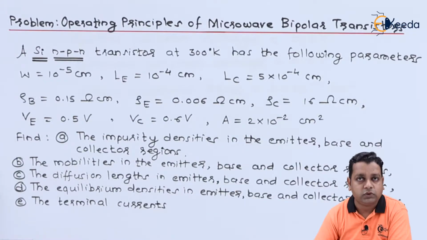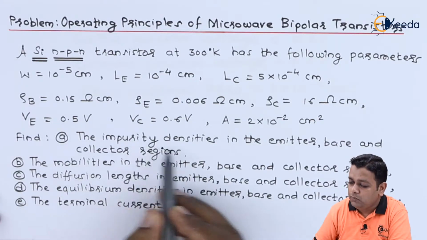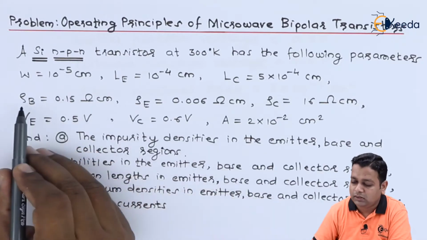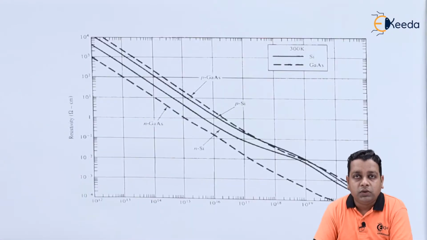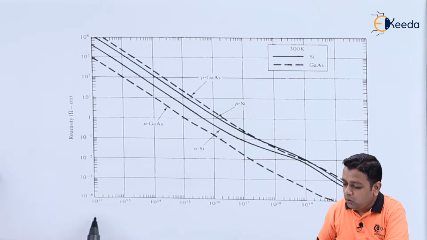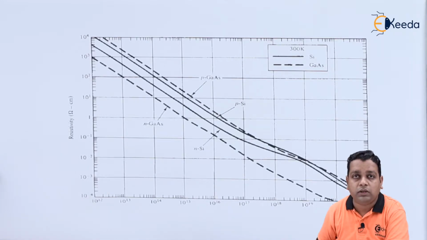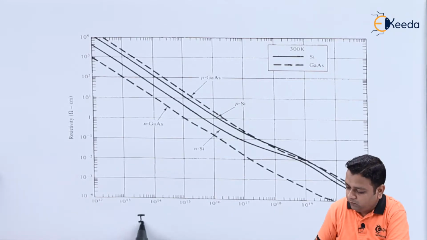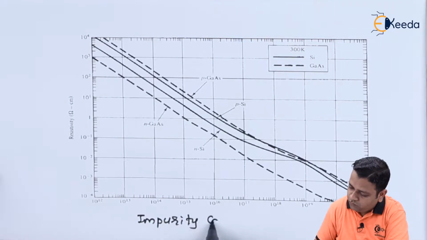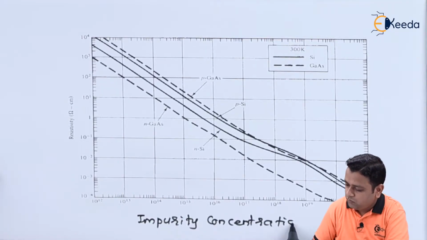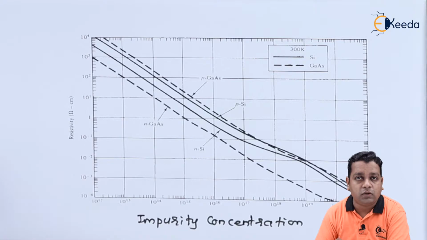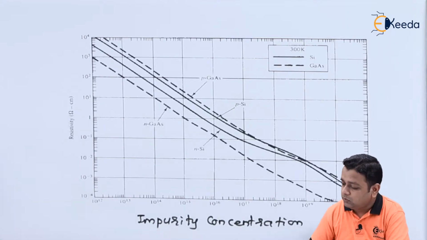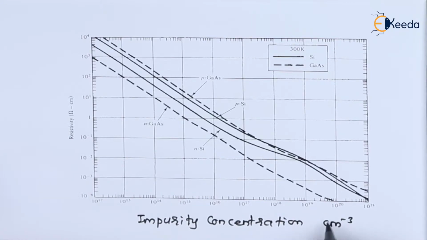helpful to us. So for that purpose we get back to a graph representation of finding the impurity densities versus the resistivity values. So here in this graph, on the horizontal axis we have the impurity concentrations, or impurity densities we can call, and it is measured in terms of per centimeter cube.